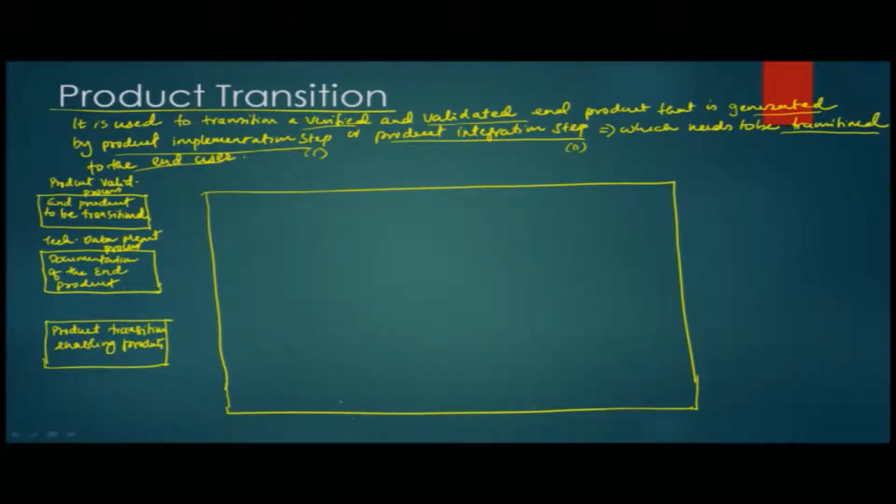Okay. The first one is you do the preparations for conducting product transition. So, first you prepare the system to do product transition. Then the second is you evaluate the end product.